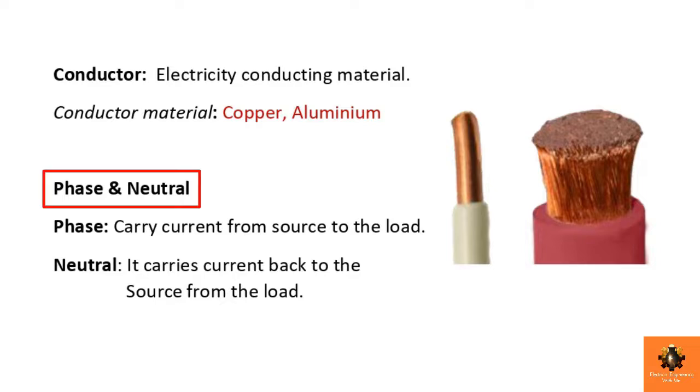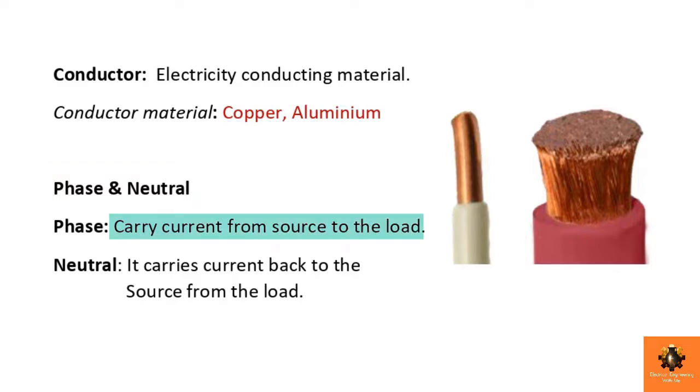Now here we have the terms phase and neutral. In any circuit we have two types of conductors: one is the phase conductor and one is the neutral. Phase is a conductor which conducts electrical current from supply to the load, whereas the neutral conductor provides a return path for the current.